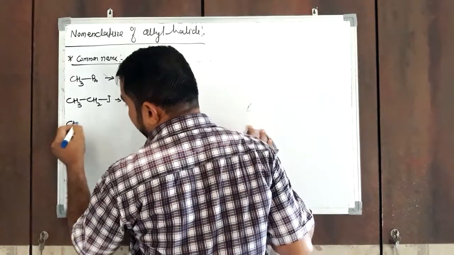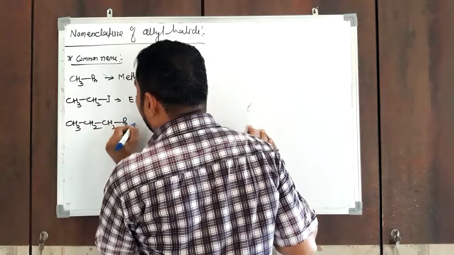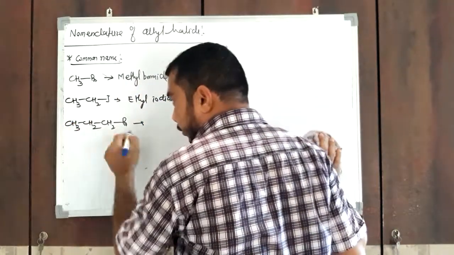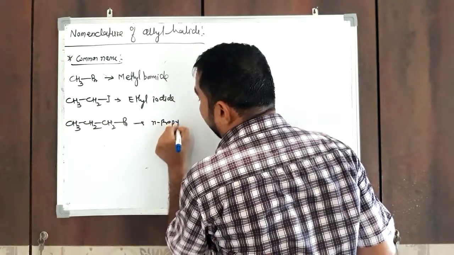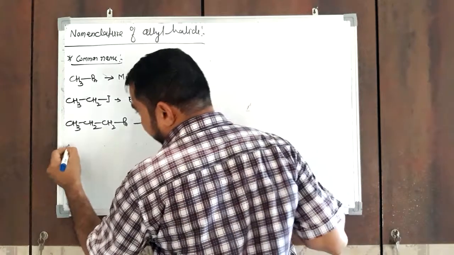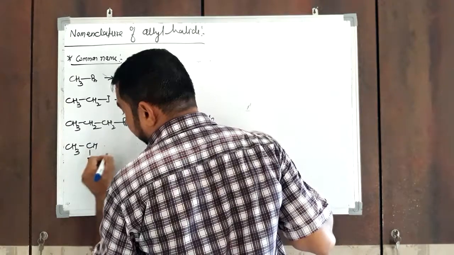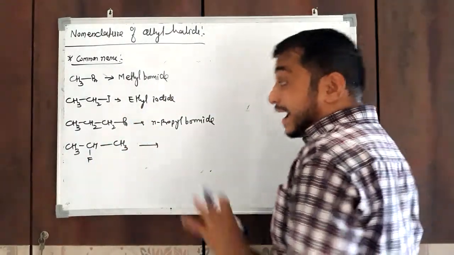Okay, then CH3CH2CH2Br. Here bromine atom attached to this alkyl group. The name of the alkyl group is n-propyl bromide. Okay, like this. Then CH3CHFCH3. Then fluorine atom attached to isopropyl group.